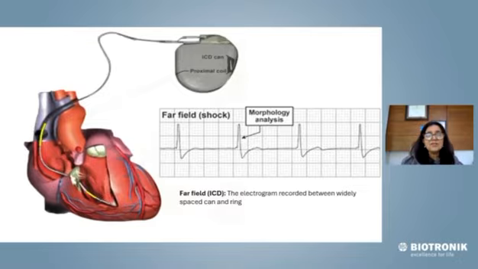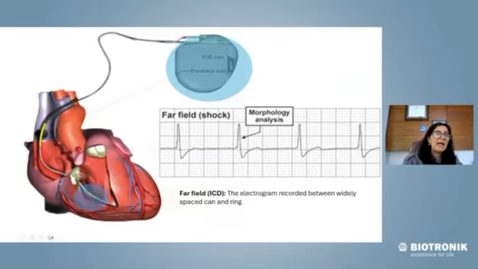What is the meaning of a far field EGM? Far field EGM is the EGM which is picking up the vector between the ICD can and the SVC coil. If you don't have the SVC coil, it will pick up between the ICD can and the RV coil.